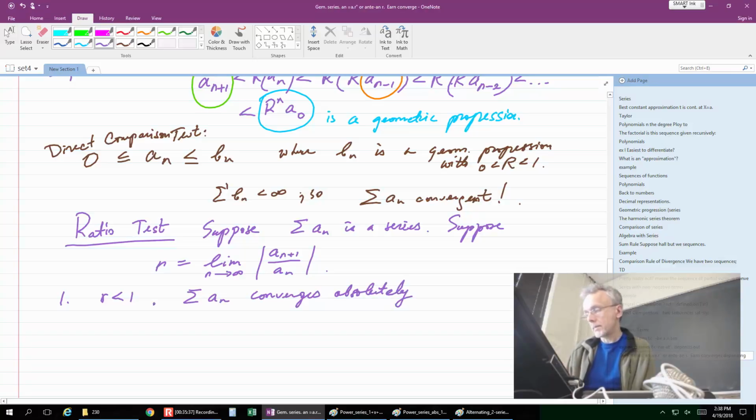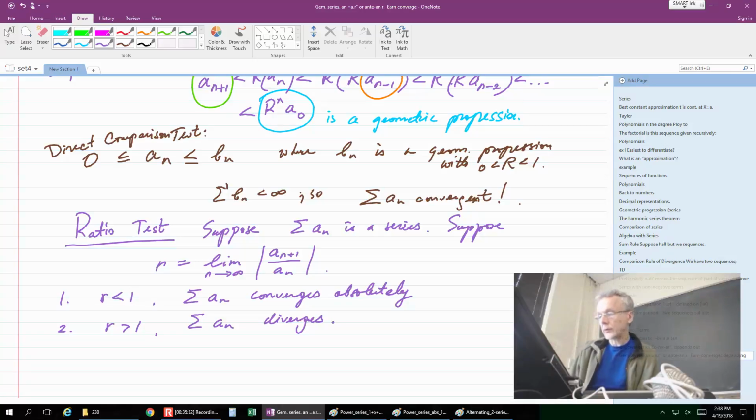And then when it is larger than 1, it diverges. Okay, so as you can see, there is a third and fourth case.